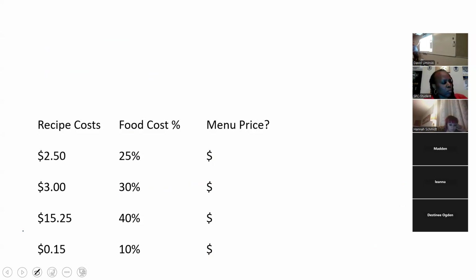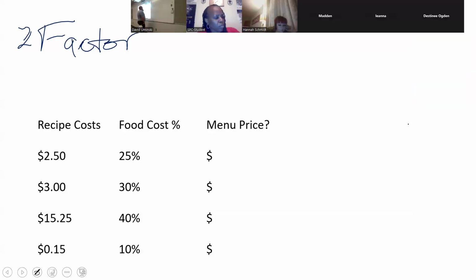The second method is the factor method. The factor method is very similar to the food cost percentage method, but it just allows us to do math a little bit more quickly.